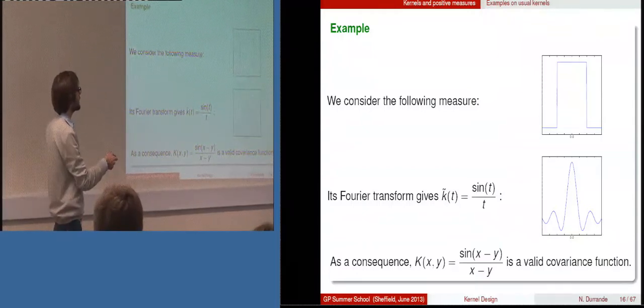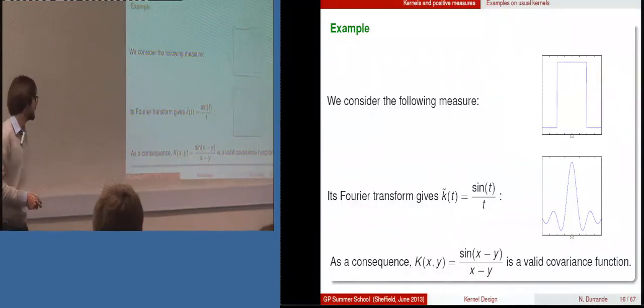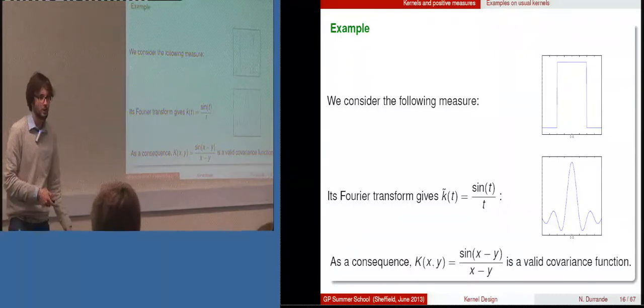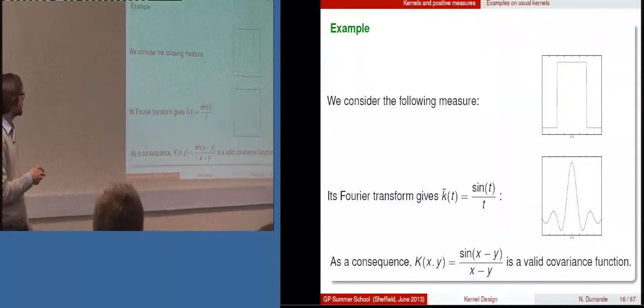By using the theorem, since this is a positive measure, so we have 0 here and I guess 1 over there, by Bochner's theorem we know directly that this function is positive definite, so you can use that as a valid covariance function in your models.